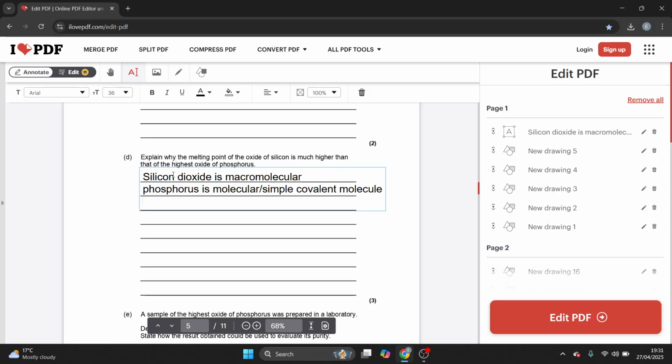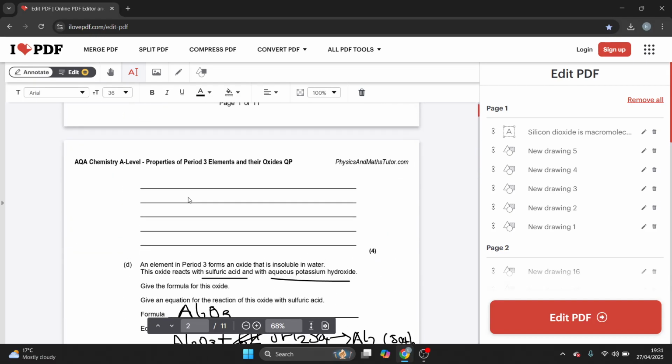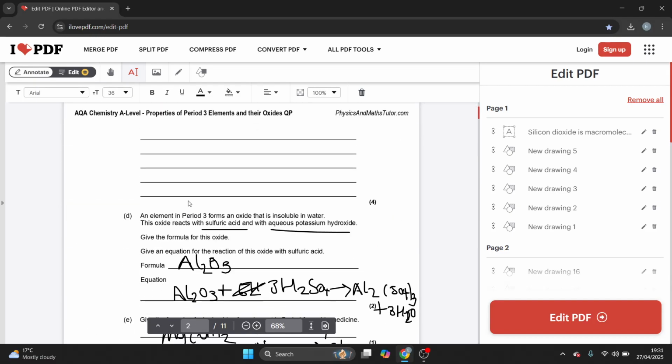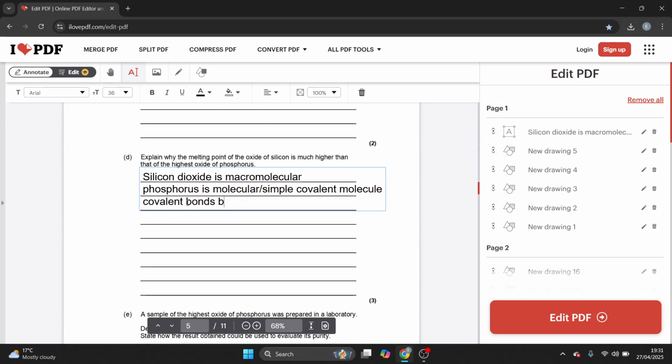The melting point of silicon dioxide is much higher because the covalent bonds in silicon dioxide are much stronger than the intermolecular forces, the van der Waals forces, in phosphorus oxide.